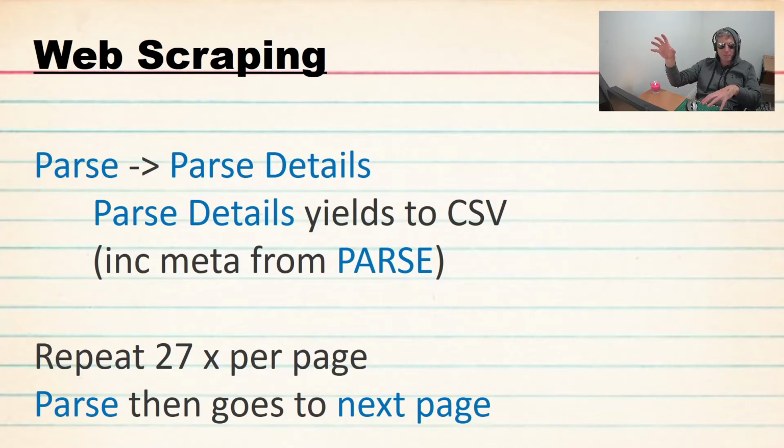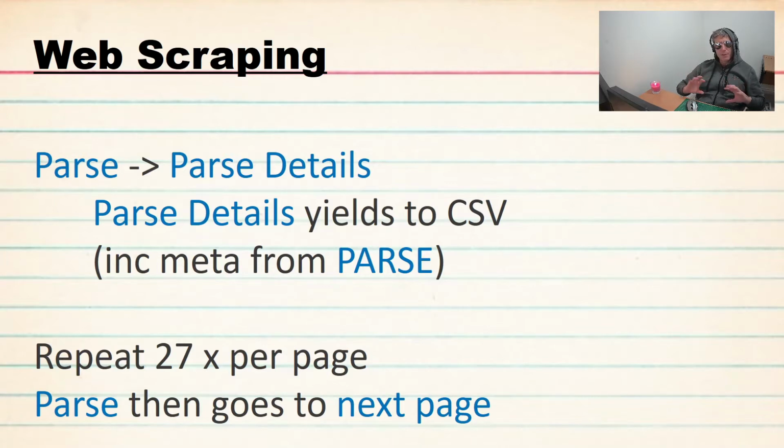So parse could, for instance, get title, price, and so on, and pass those using meta down to the more detailed level, the child level, parse details. Then parse details will yield everything to the CSV.